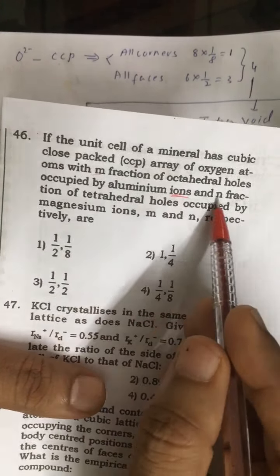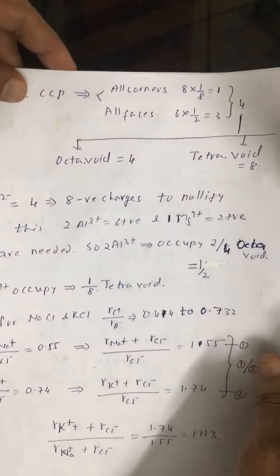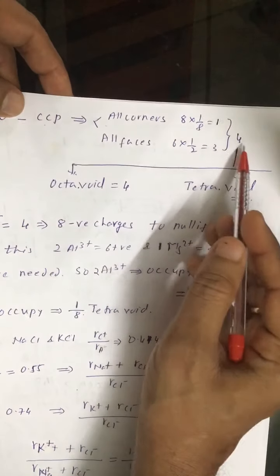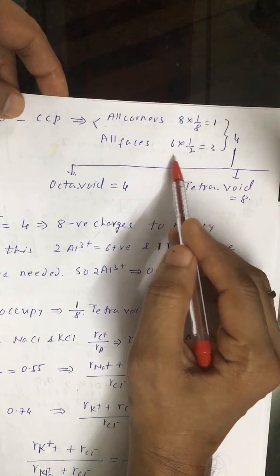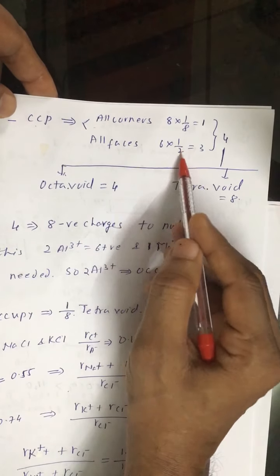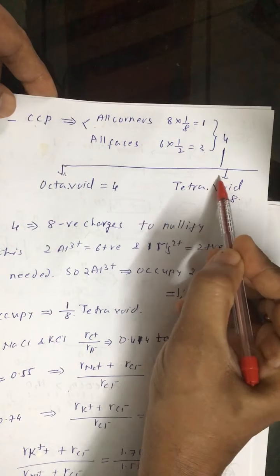So the point is, say we have O2 negative at CCP, that means the number of oxygen is 4, that is at all the corners 8 into 1 by 8 equal to 1, and all the faces 6 into 1 by 2 equal to 3.